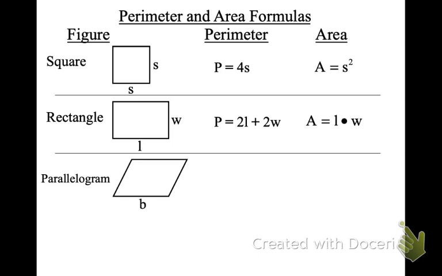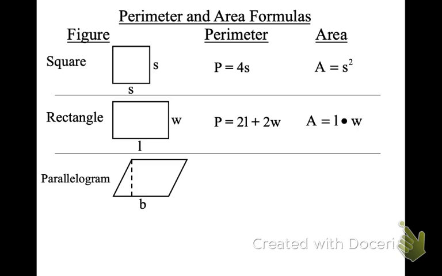So it's very similar to length times width, but now we call it base and height. And we don't use the slanted side. We use the height that connects. We need a perpendicular. So the height is how high does it go to the top line?